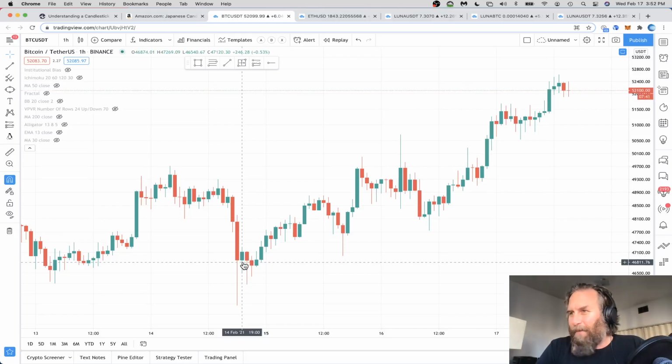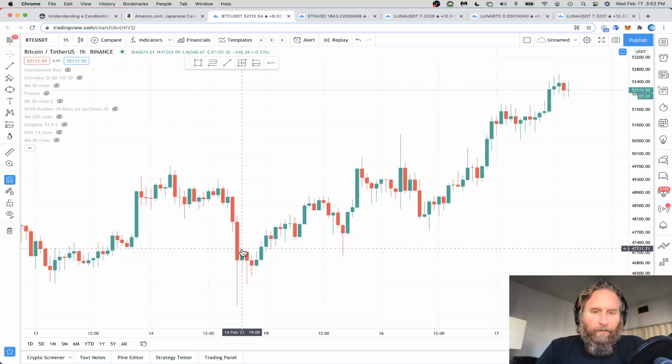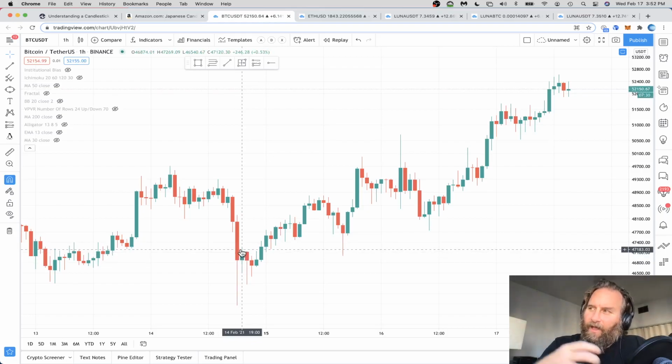Harami means baby in Japanese. If this whole candle was smaller and inside the body of this candle here, it's almost like the red candle has a baby, and that is a reversal signal.